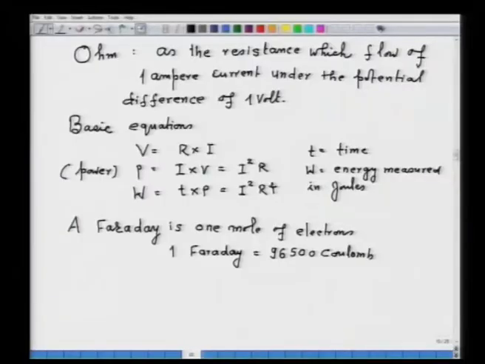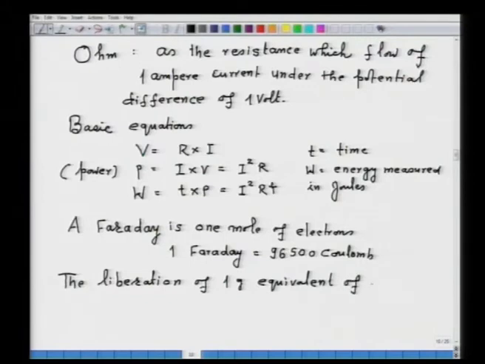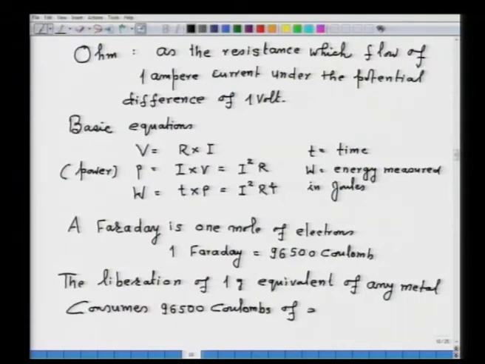That is, the liberation of 1 gram equivalent of any metal consumes 96,500 coulombs of electricity.